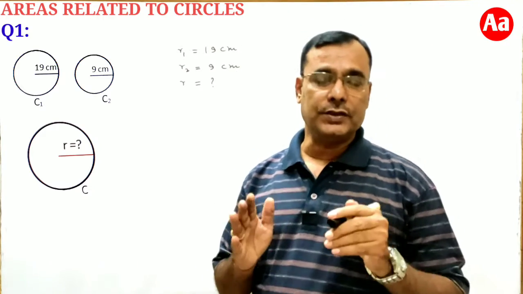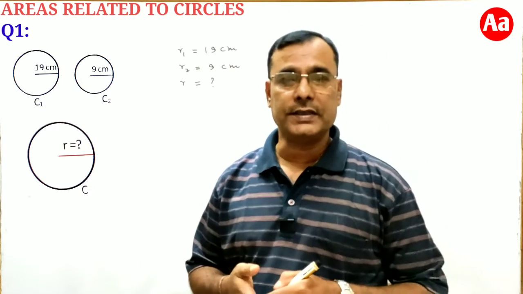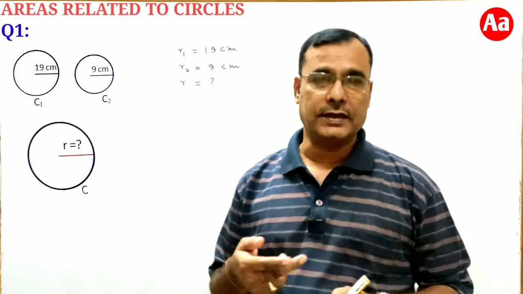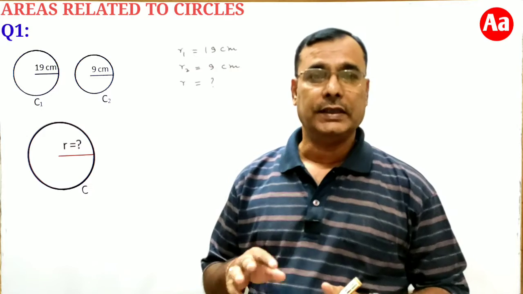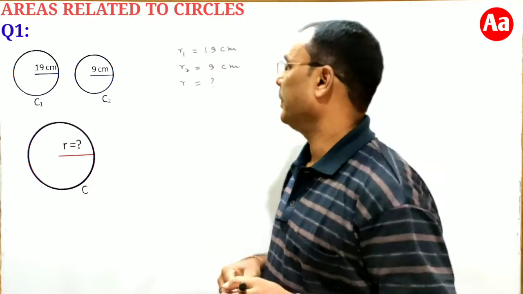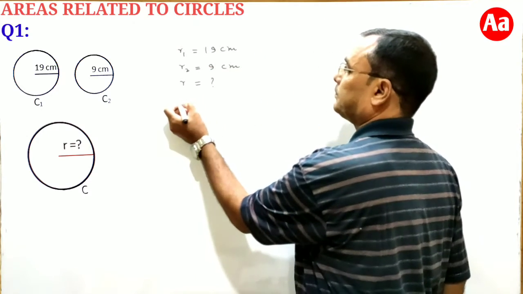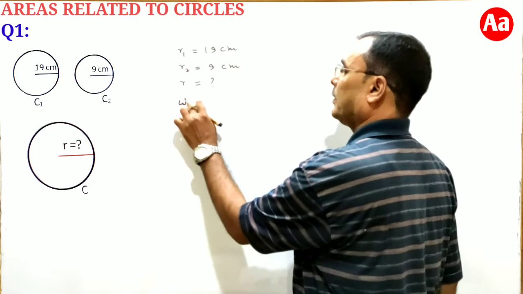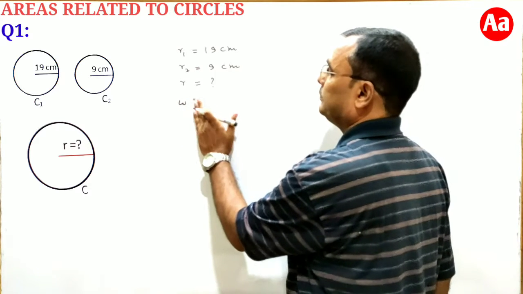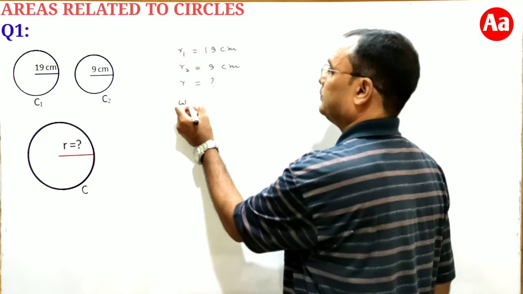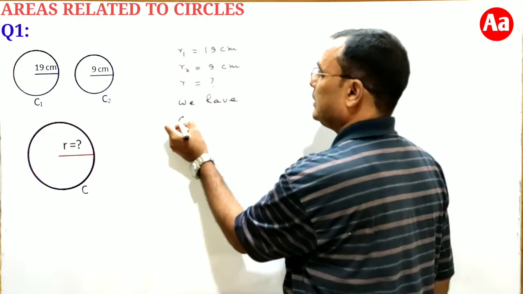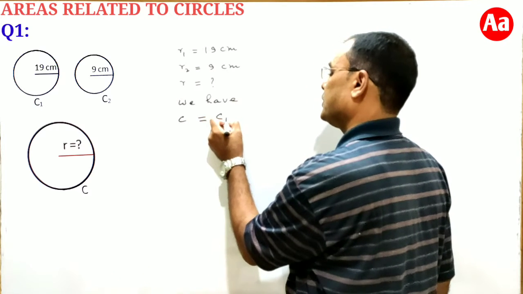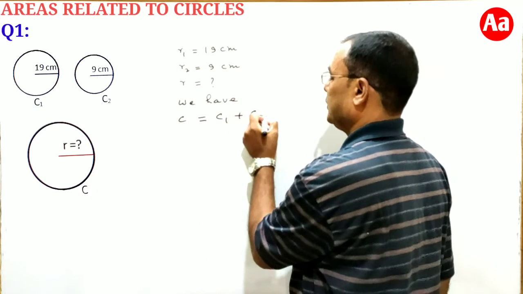If C1, C2 denote the circumferences of the two given circles and C denote the circumference of the new circle, then we have C is equal to C1 plus C2.